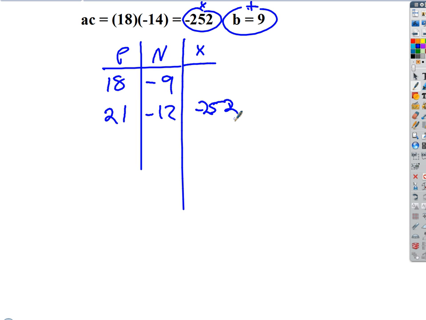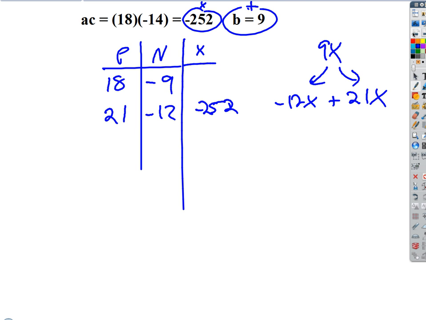I'm going to split the B equals 9. I'm going to split that 9x for the B into negative 12x plus 21x. I'm going to split the 9 into those two numbers. That splits that middle term, okay? So now we can go back to the problem. Our magic numbers, remember, are positive 21, negative 12, right?